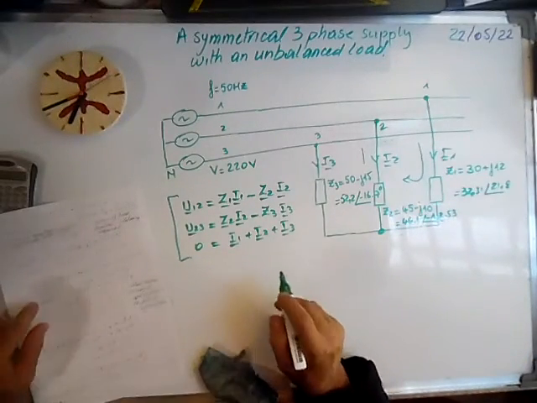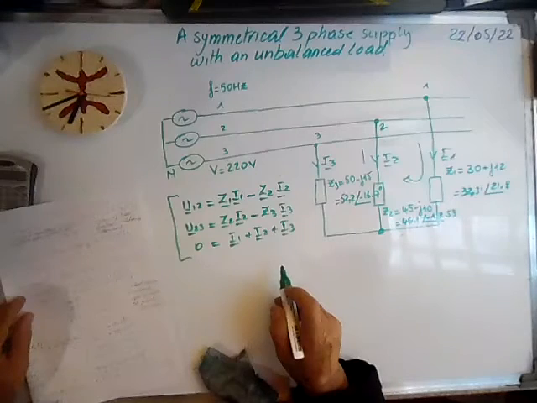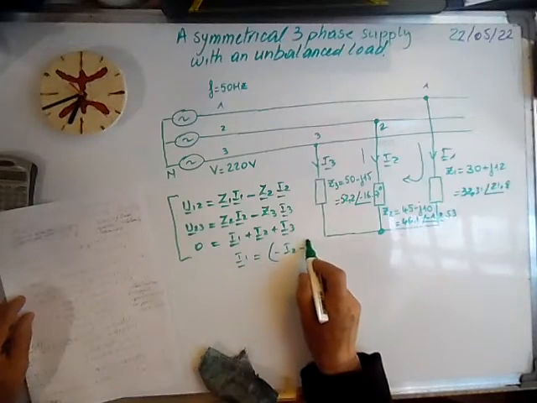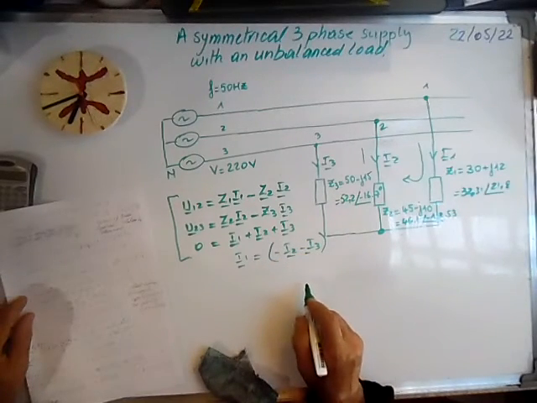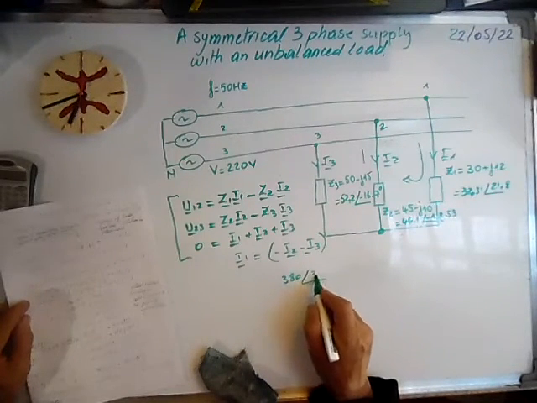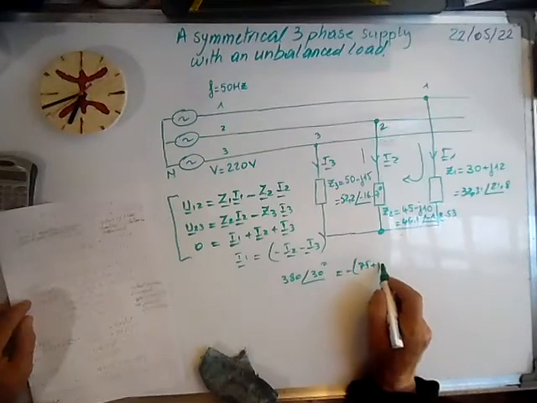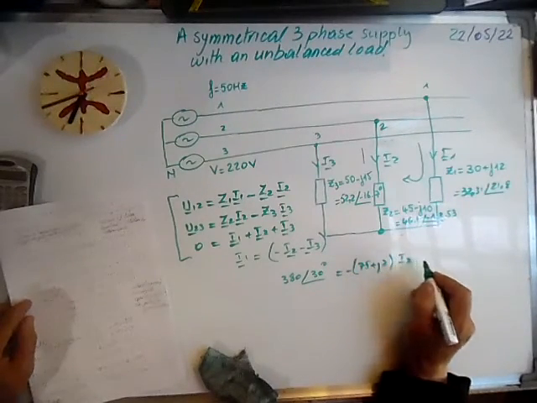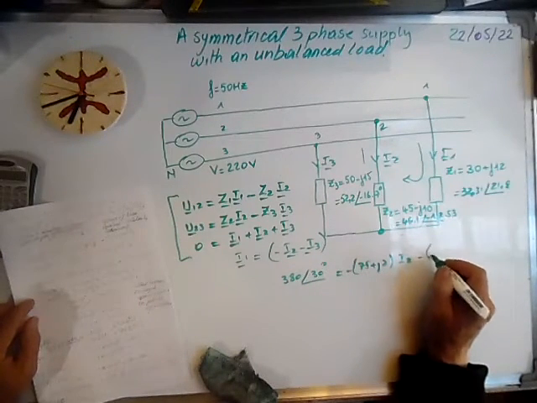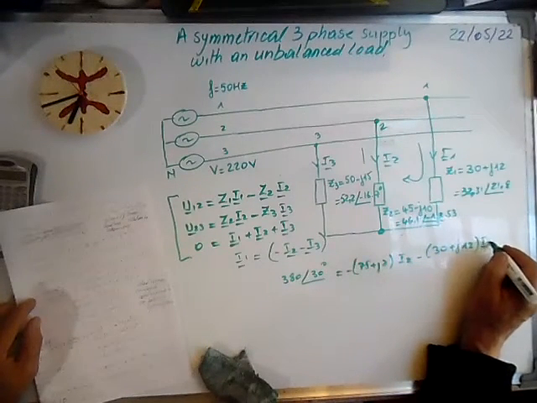We can replace one of the variables, I1, and write it as minus I2 minus I3, and the equations we obtain become like this: 380 ∠30 degrees will be equal to minus 75 plus j2 I2, because we replace I1 by this, and minus 30 plus j12 I3.